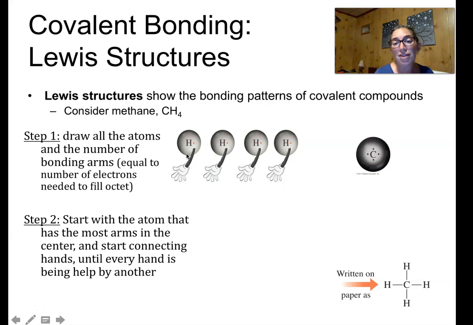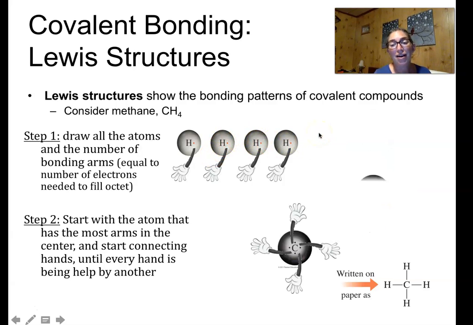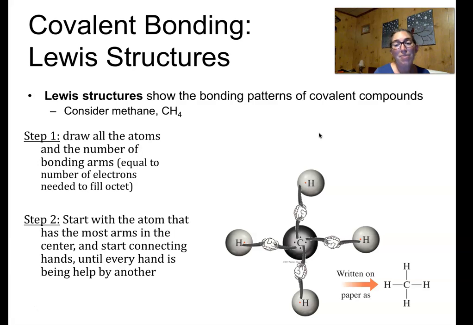Each hydrogen has 1 vacancy, so it can have 1 bonding arm, and the carbon has 4 vacancies, so it can have 4 bonding arms. Then you just systematically stick them together. There happen to be 4 places on the carbon and 4 hydrogens to pop on there. Each hydrogen takes 1 of carbon's hands, and we end up with CH4.